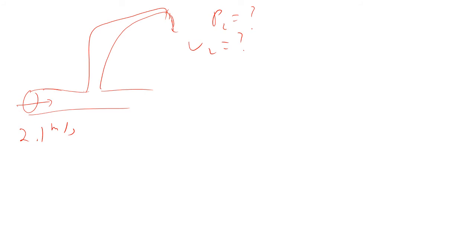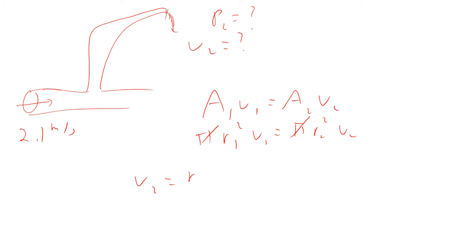Well, we know that A1 V1 equals A2 V2. So pi R1 squared V1 equals pi R2 squared V2. So eat the pi's. And so V2 is going to be equal to R1 squared V1 over R2 squared.